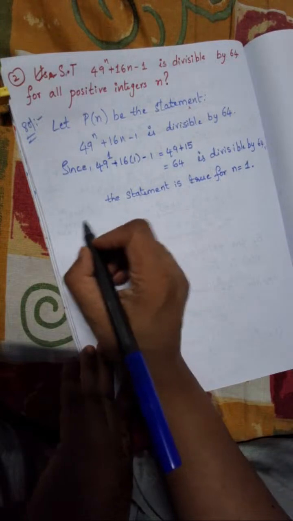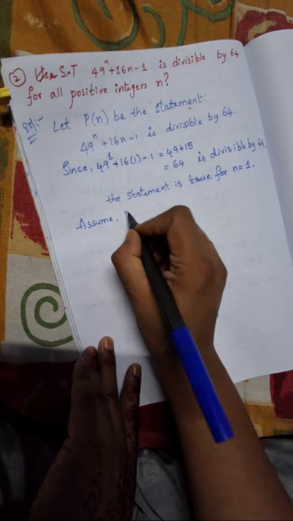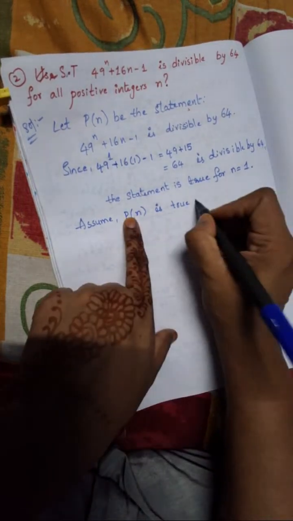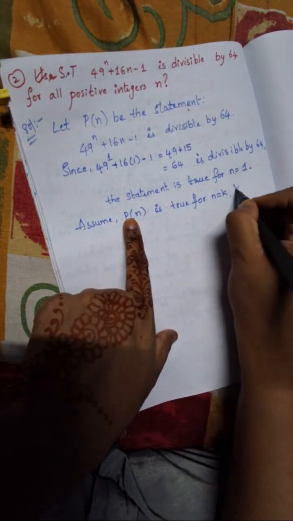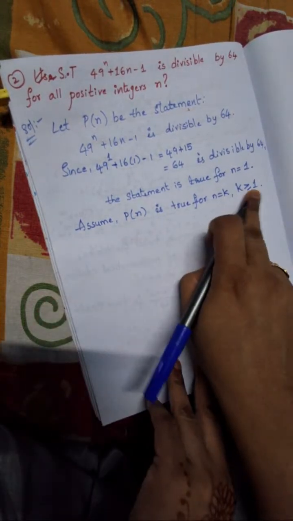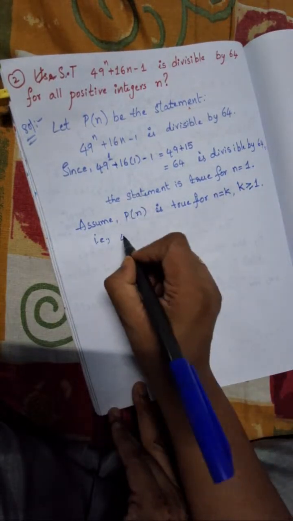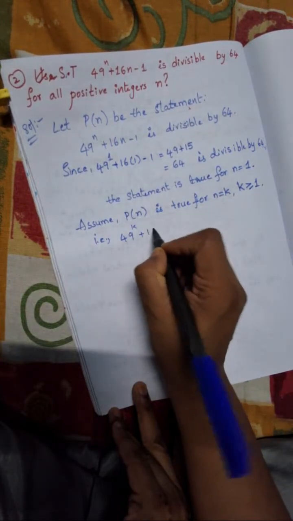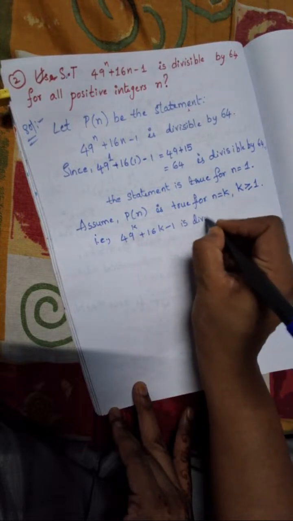Now what we have to assume? Assume that p of n is true for n equal to k, for every k greater than or equal to 1. k must be greater than or equal to 1, children. That is, 49 power k, in place of n we write k, plus 16k minus 1 is divisible by 64.